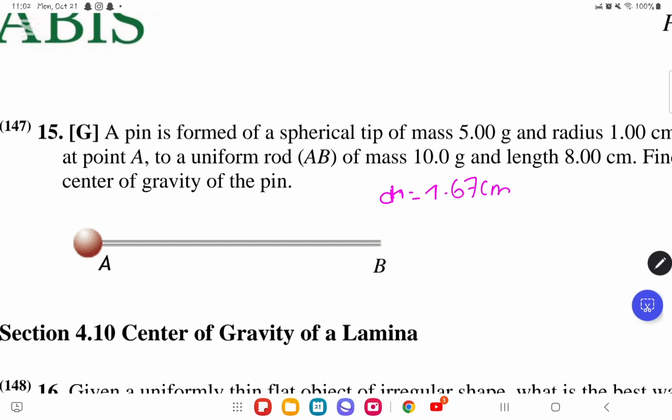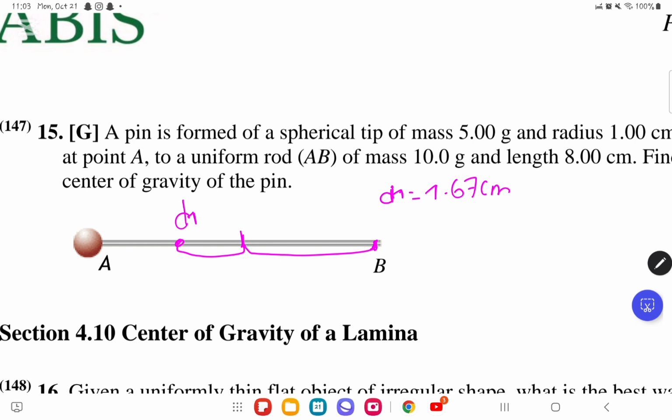So now the overall center of gravity is what? Is the distance from point B to what? To distance 1. So let's say distance 1 is over here, okay?